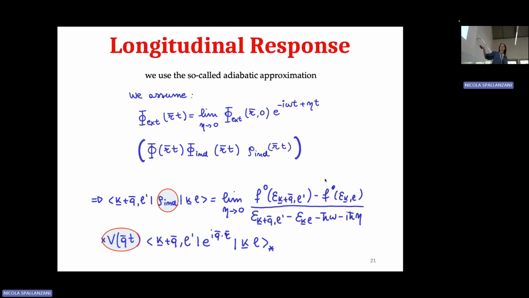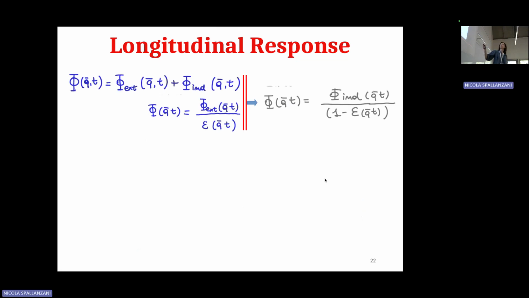So we have the limit of eta which goes to 0, of the difference of the Fermi occupations divided by the difference of energies, times this potential and this matrix element here. I want to stress that we are searching for a relation between the induced rho and the total potential.